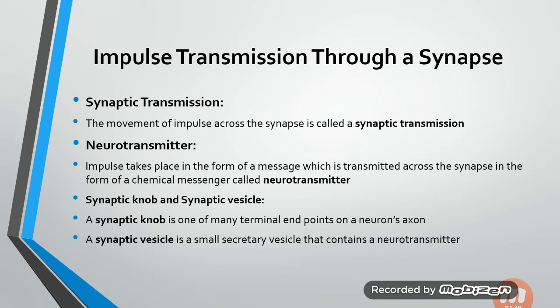These knobs contain numerous membranous sacs called the synaptic vesicles, and when a nerve impulse reaches a knob, some of the vesicles respond by releasing a neurotransmitter.